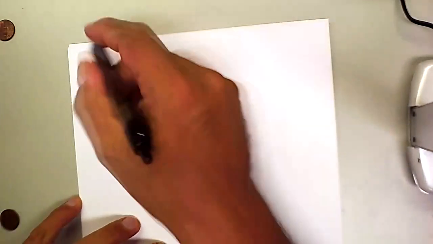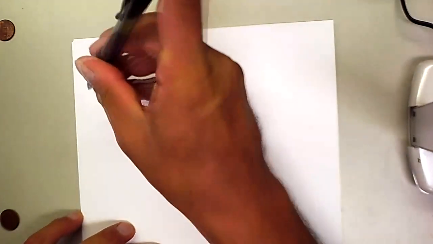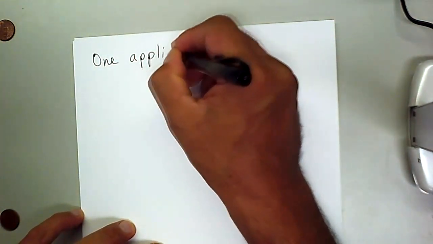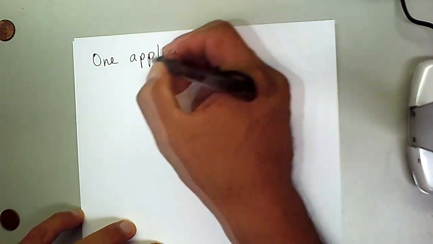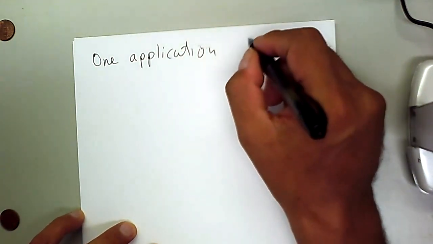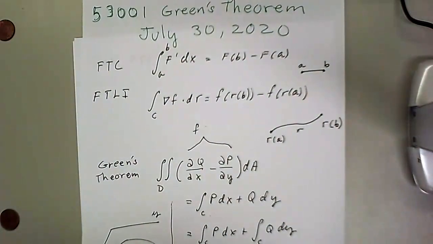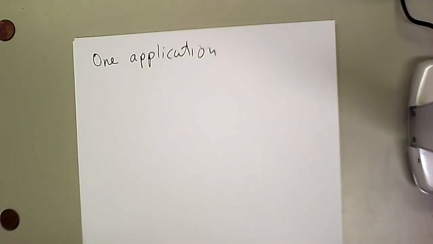So that is the quick introduction. One application of Green's theorem. So let's talk about one quick application. The concept of application is relative, because a lot of people think an application means something concrete, and not necessarily.